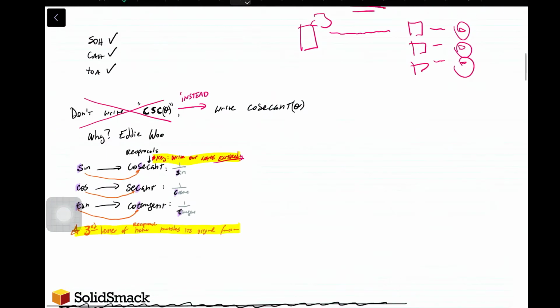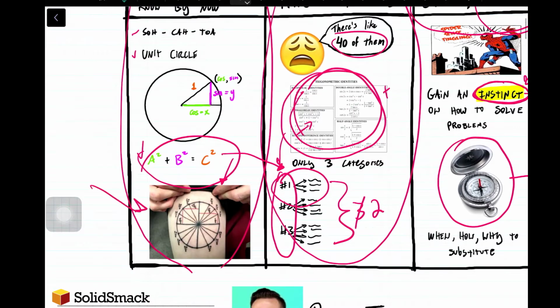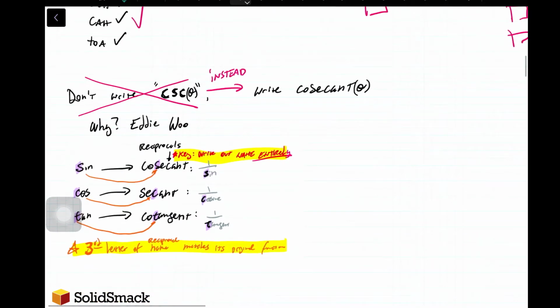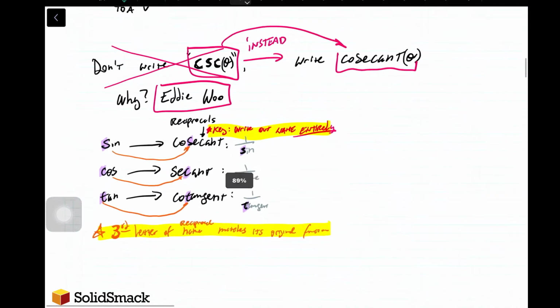So let's get started. Step number 1 is what you should know by now. What should be tattooed in your brain by now? SOHCAHTOA, easy stuff. Then I have a golden nugget for you. Professor Eddie Wu, whom I really appreciate on YouTube, had a tip: instead of writing cosecant like this, CSC, write it out as cosecant, because there's a huge benefit when you do that.